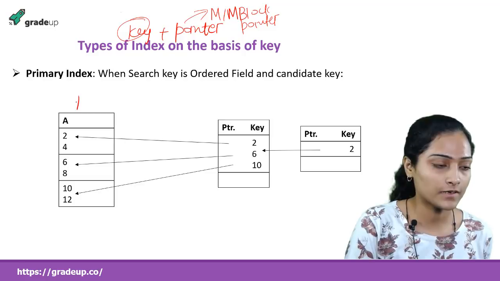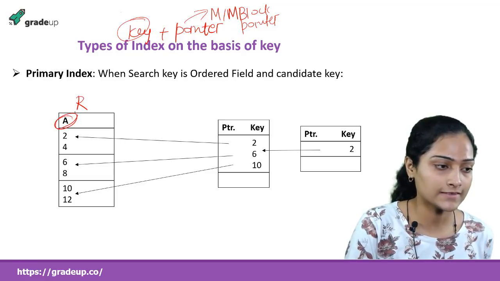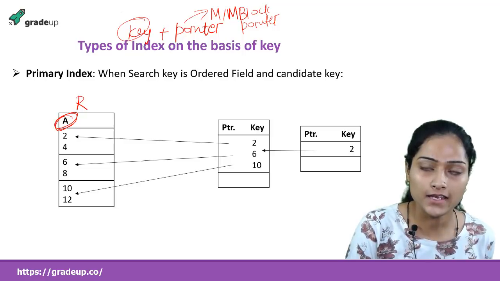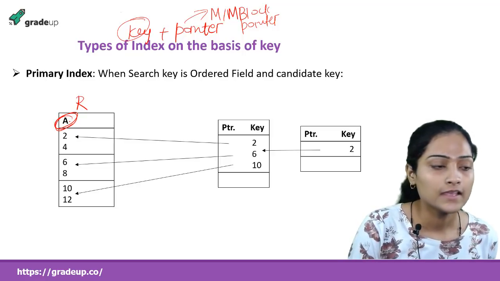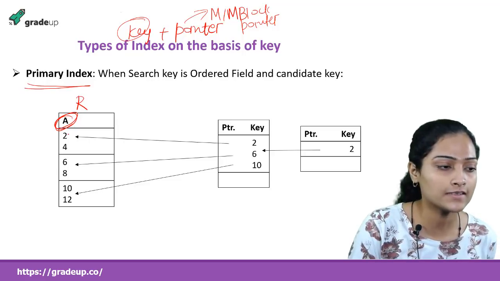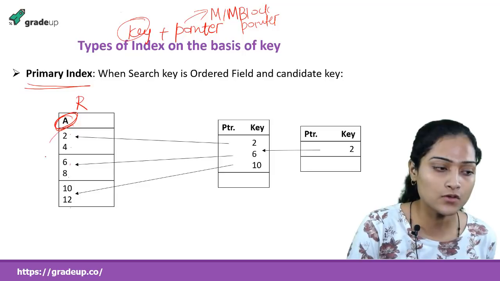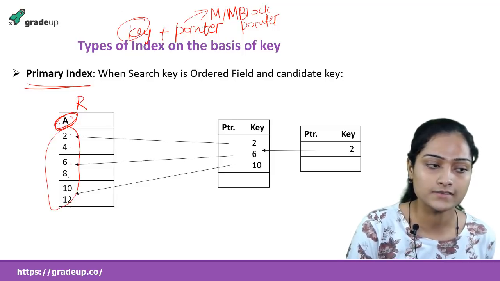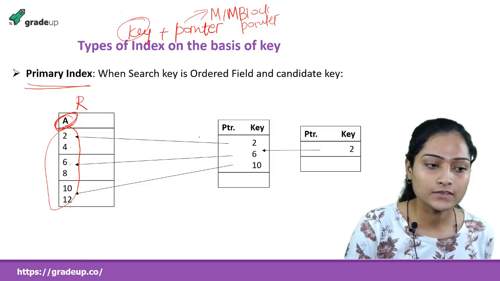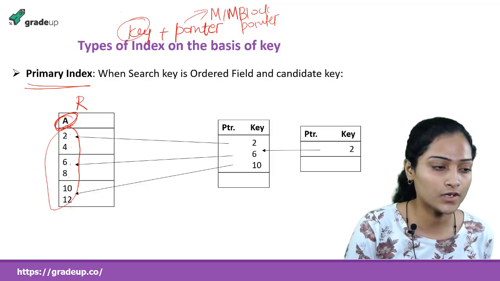Suppose you are having some relation R, you have chosen A as key. If A is a candidate key and an ordered field, then the index which you are going to build is a primary index. You can clearly see A is ordered and it is a candidate key because all the records are distinct.